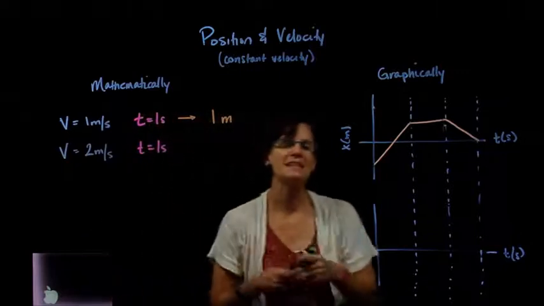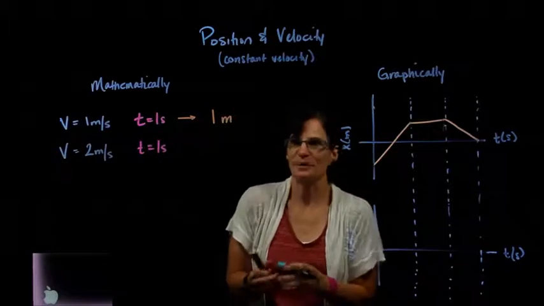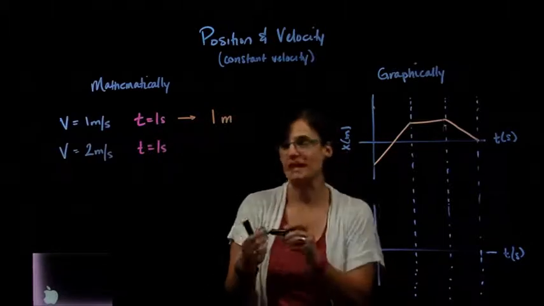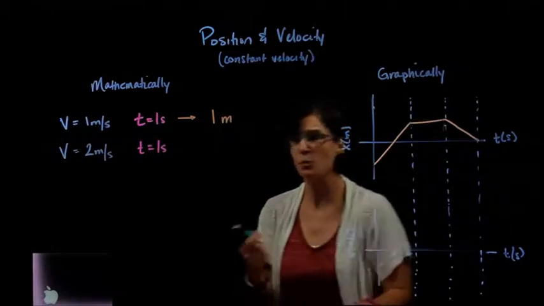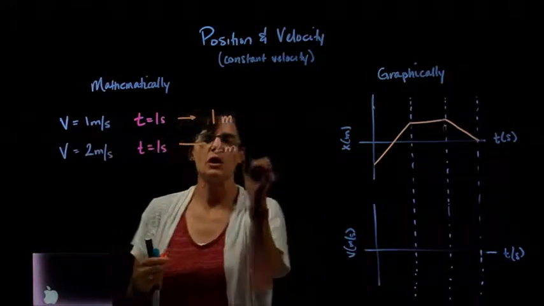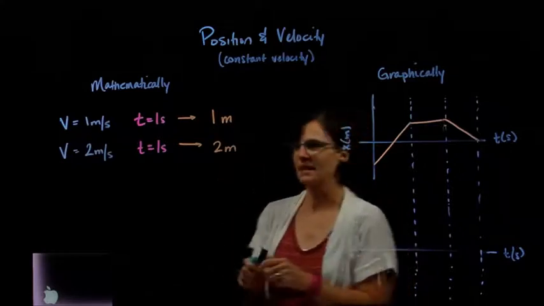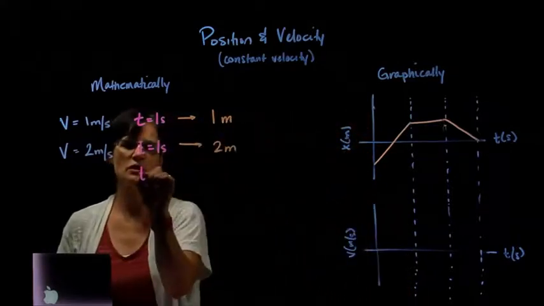How much position will it obtain in that 1 second? Well, again, if it's moving at 2 meters per second for 1 whole second, it's going to go 2 meters.